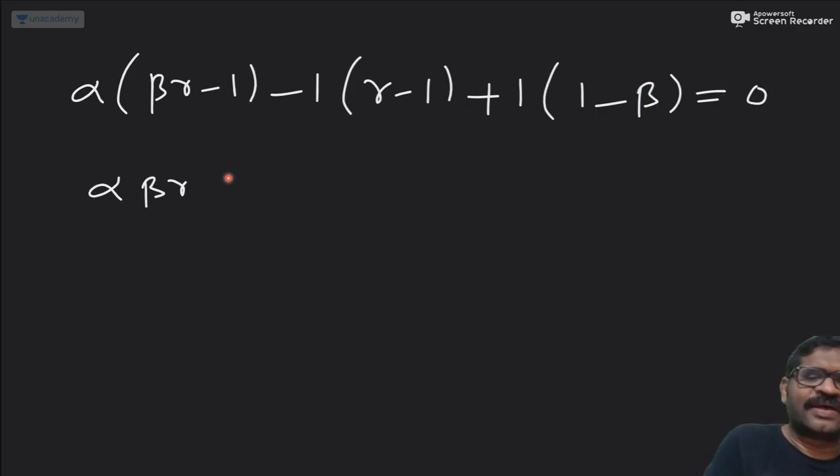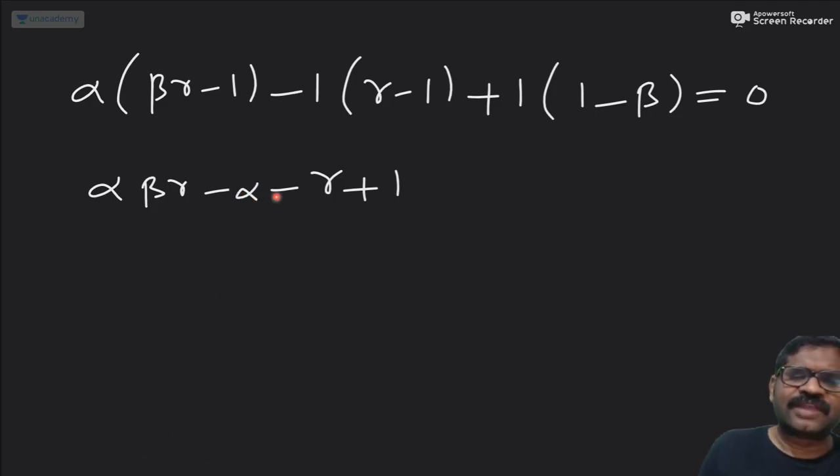Alpha beta gamma minus alpha minus gamma plus 1 plus 1 minus beta equal to 0.